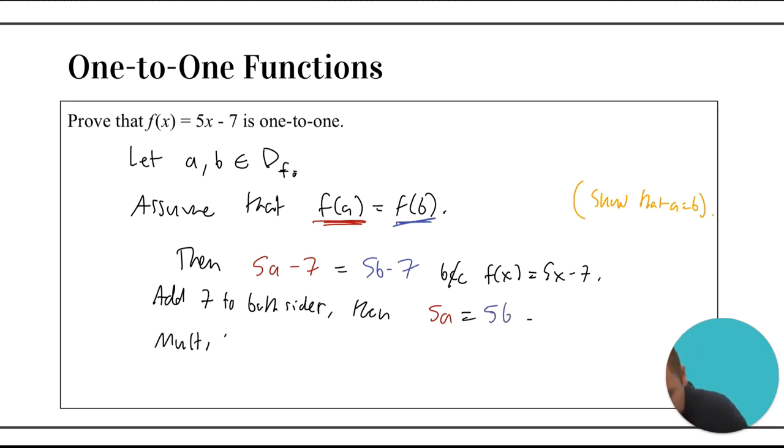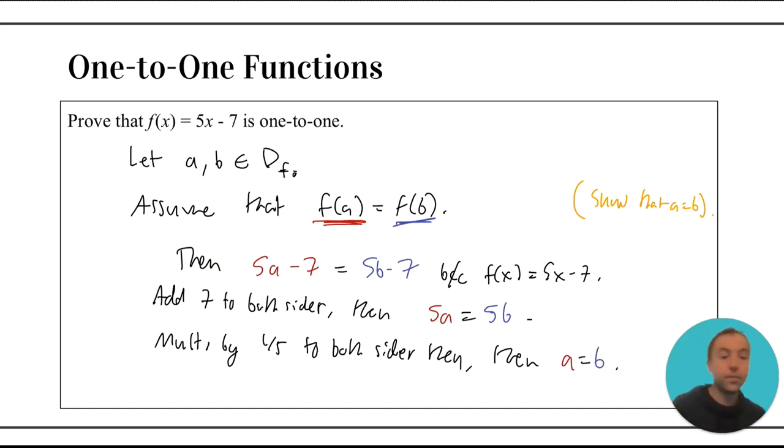And multiplying by 1/5 on both sides, we'll have that a and b are equal to one another. And that's what we desire to show.